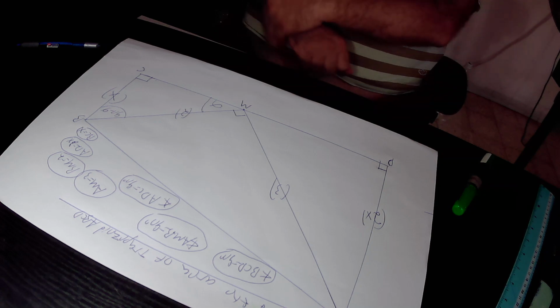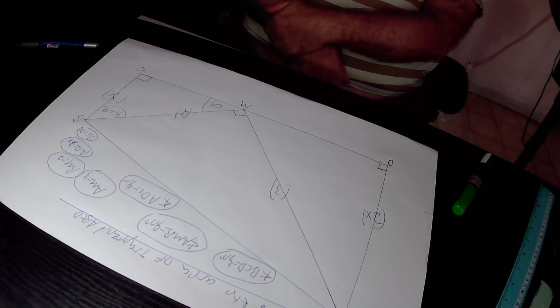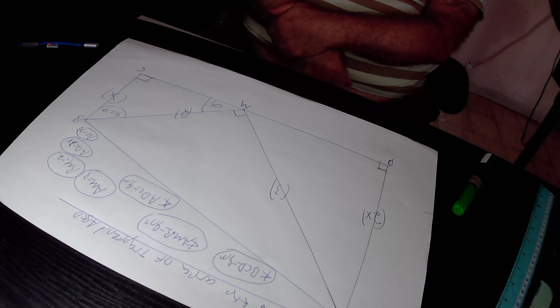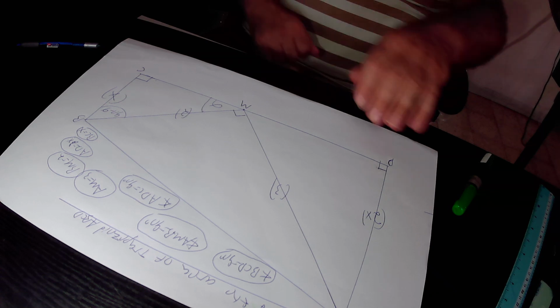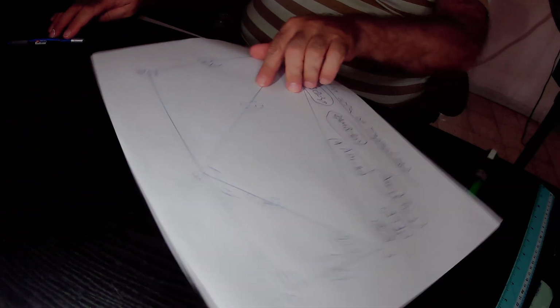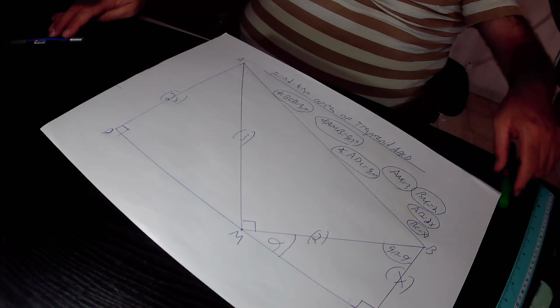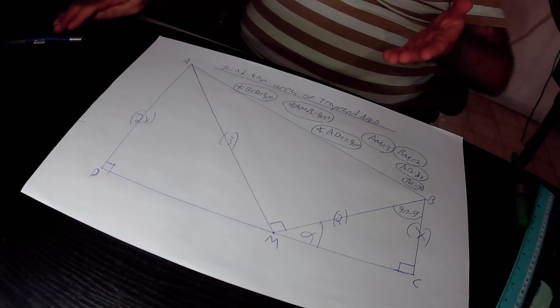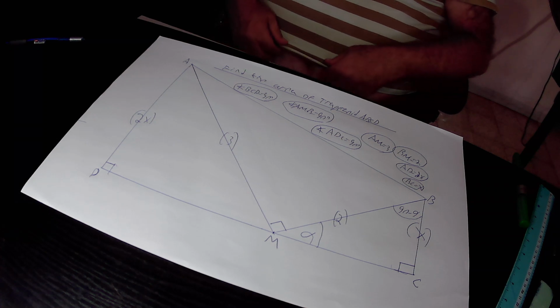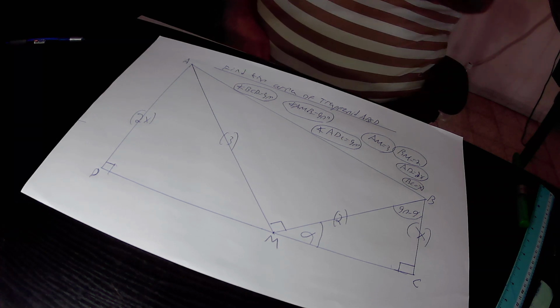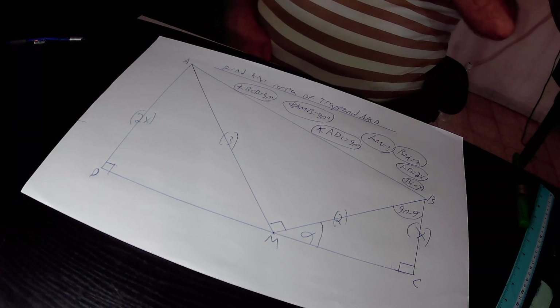We have rule 3 that states that the sum of the angles on one side of a straight line is equal to 180 degrees. This is side DC of trapezoid ABCD. So, as a side of a trapezoid, it is absolutely a straight line.